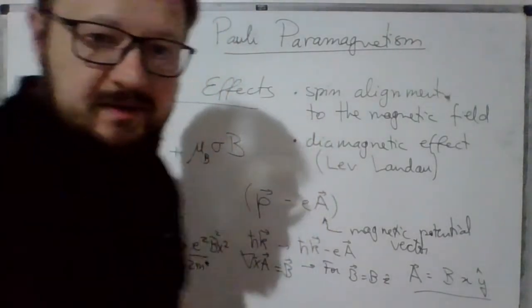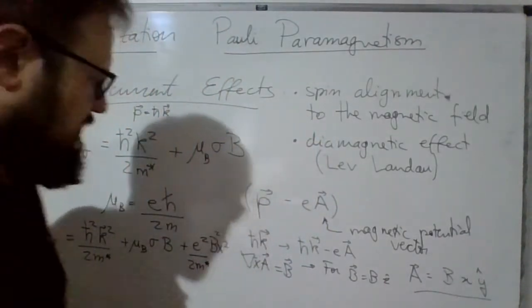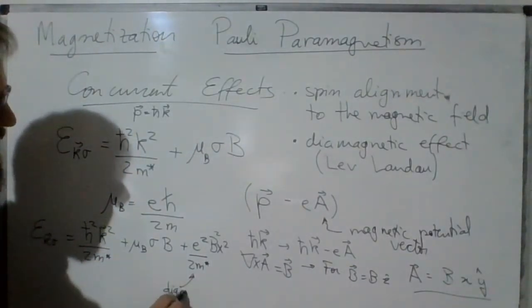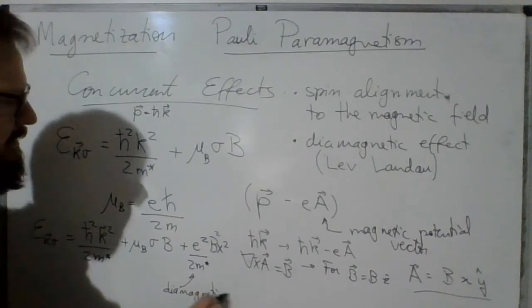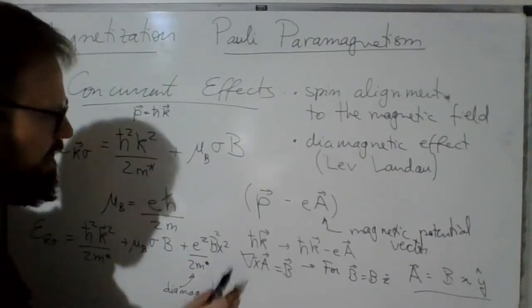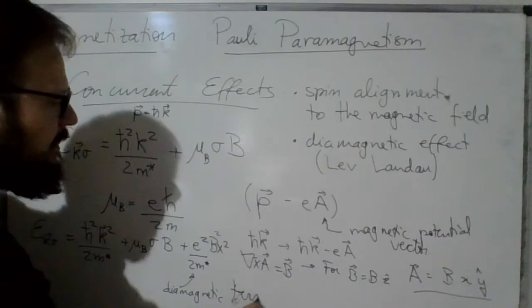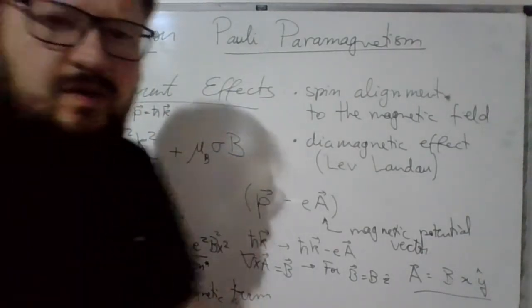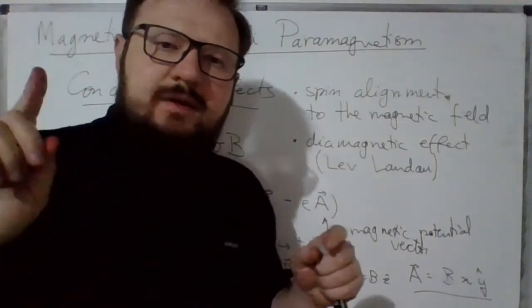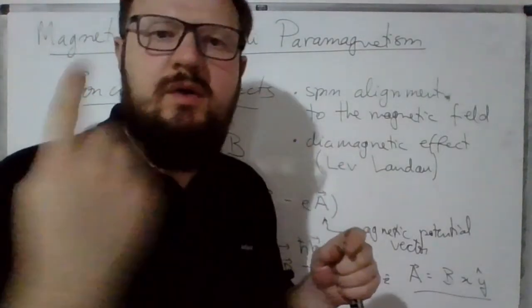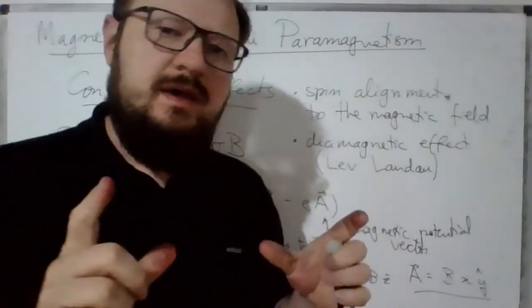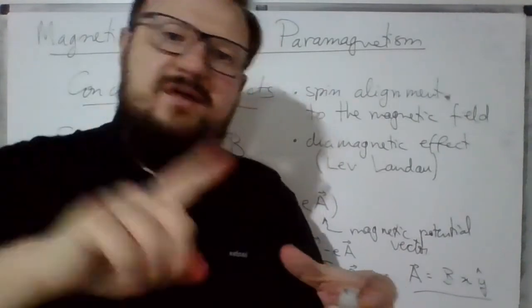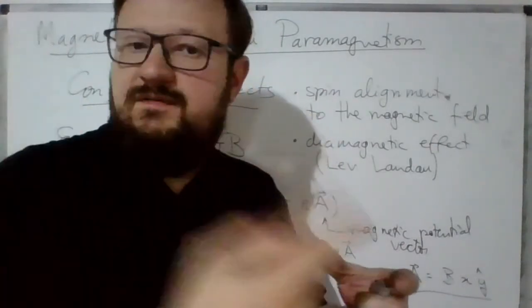As you can see, you could rewrite this factor here as a Bohr magneton and some other constants, but this just introduces a diamagnetic term. Intuitively you can think that when you pick a coil with a current circulating on that coil, and you introduce that coil in a magnetic field, think of the orbital momentum of the electrons.